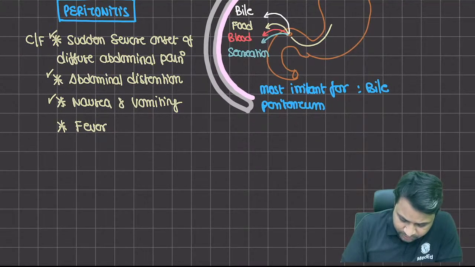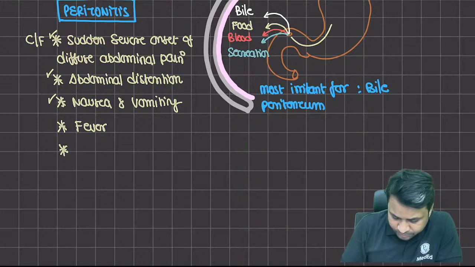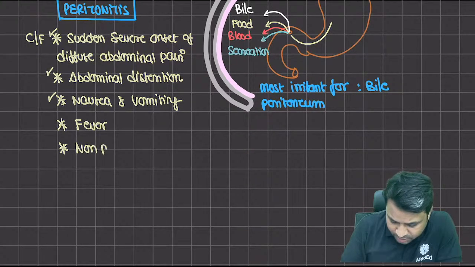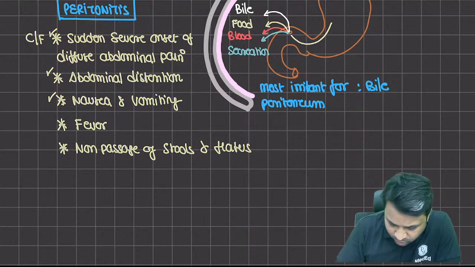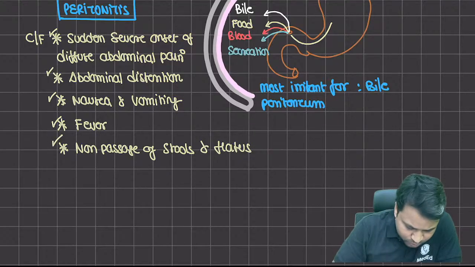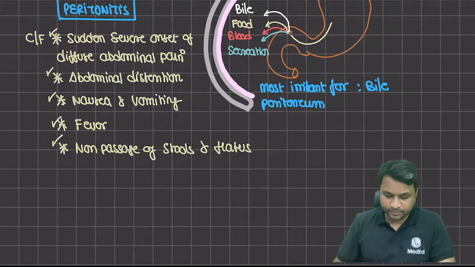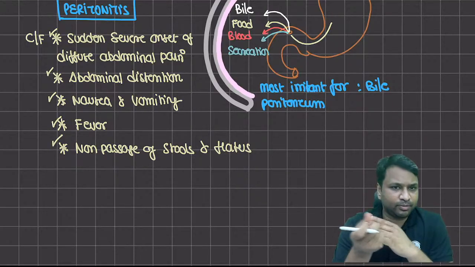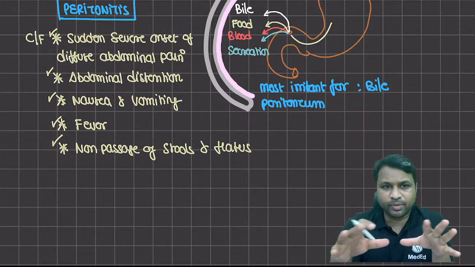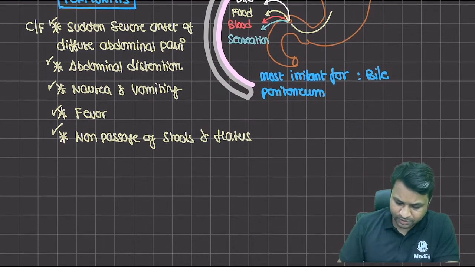Because of paralytic ileus, the patient is going to have non-passage of stools and flatus, right? So sudden severe onset of abdominal pain, diffuse in nature, with abdominal distension, nausea, vomiting, fever, and non-passage of stools and flatus.